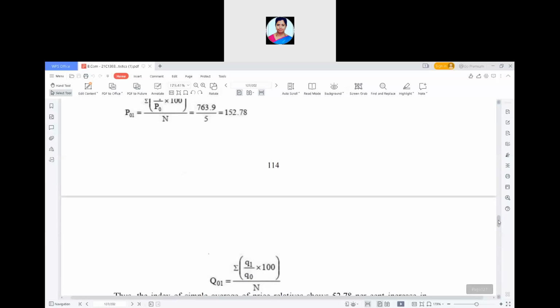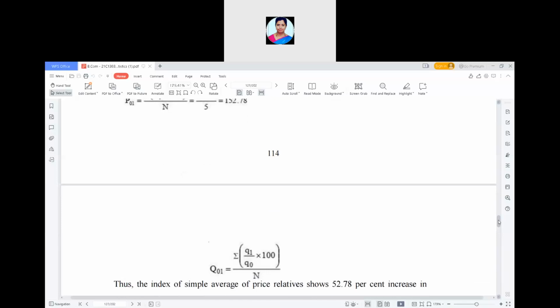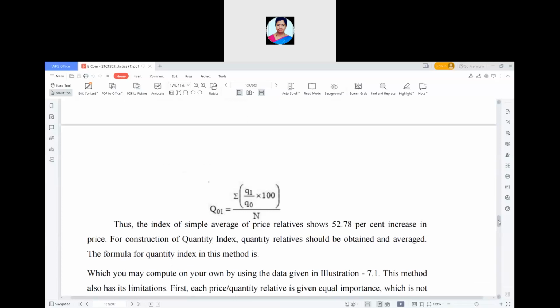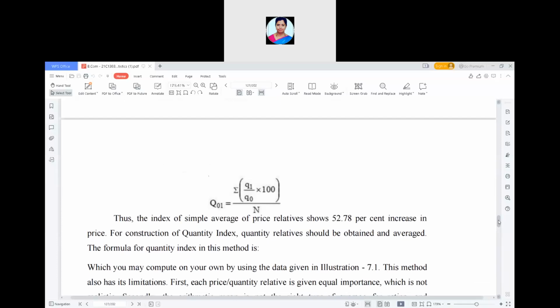And the corresponding Q01 is nothing but the quantity index. So the quantity index number is the summation of Q1 by Q0 into 100, divided by N, where N is the number of commodities. Here the index of the simple average of price relatives shows a 52.78 percentage increase in price.